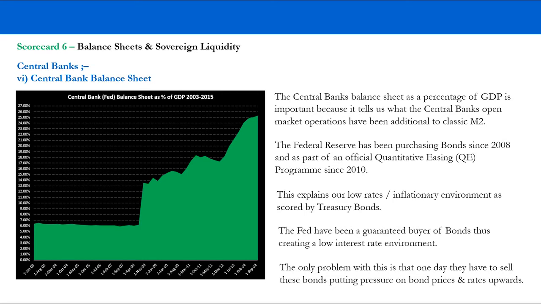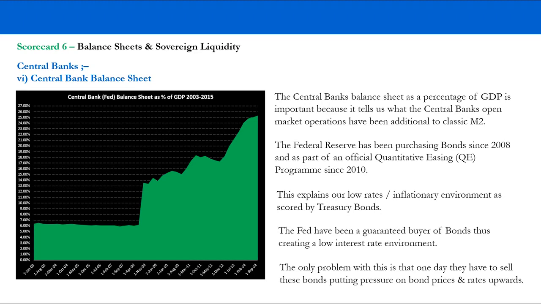And it's important because it tells us what the central bank's open market operations have been, which are additional to classic M2 money supply. And the Federal Reserve, as we know, has been purchasing bonds since 2008 and as part of an official quantitative easing program.